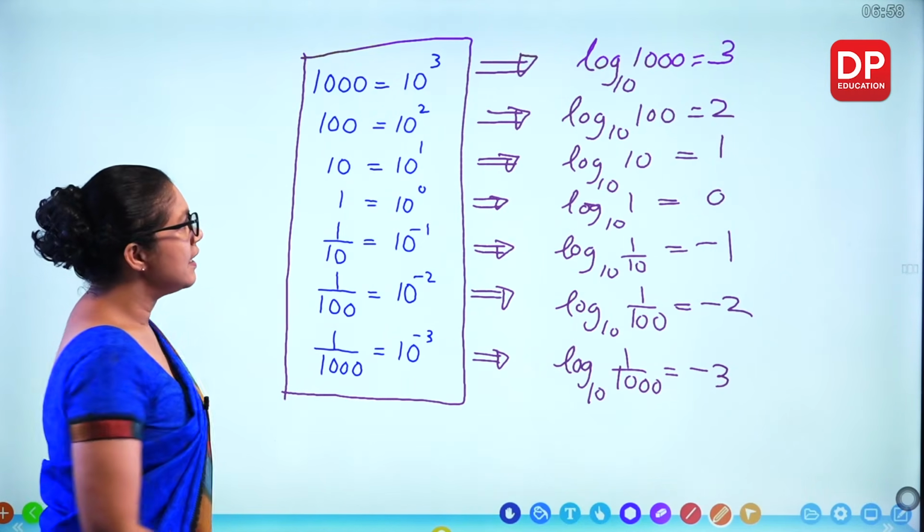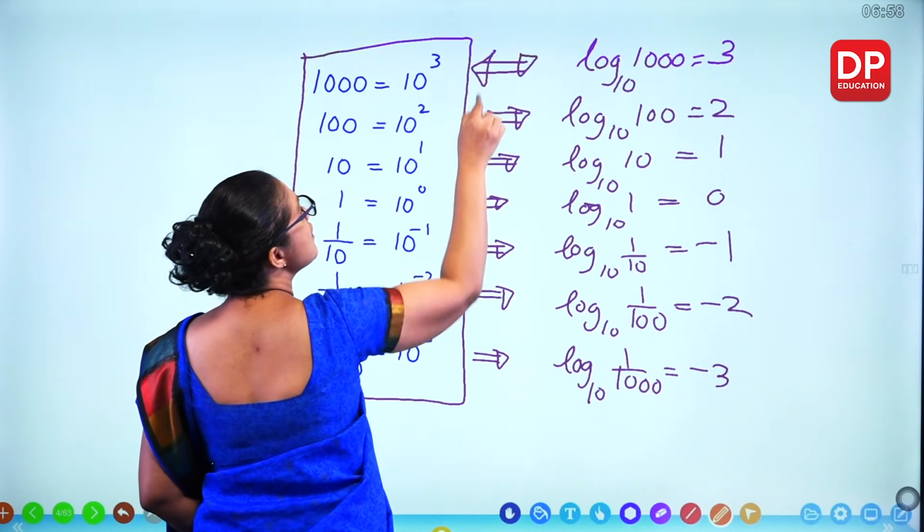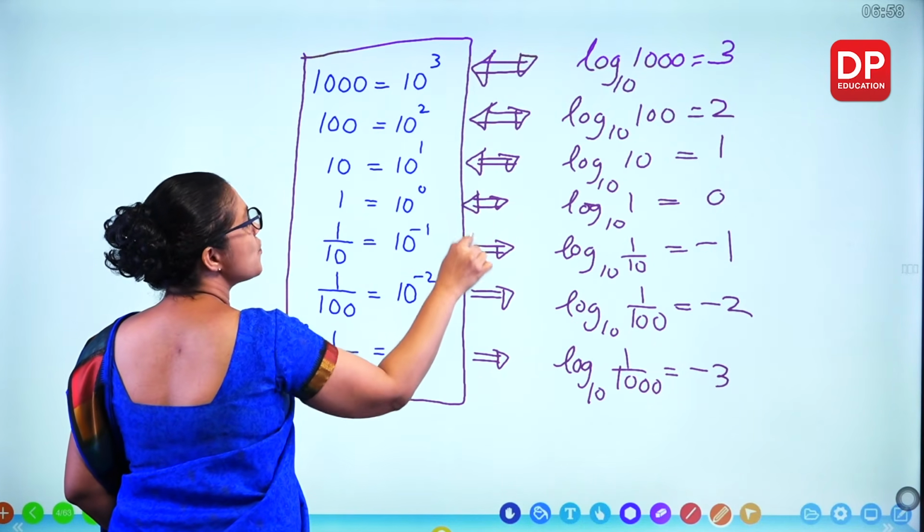Now look carefully. You can write this way also. So this is true the other way around as well.